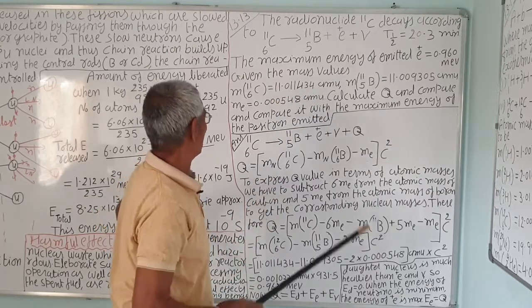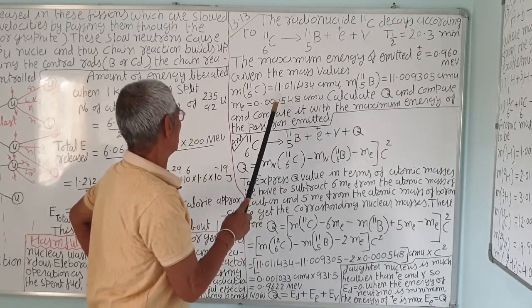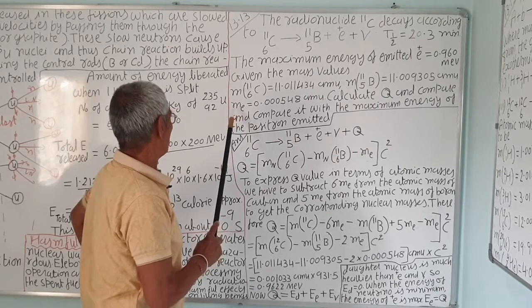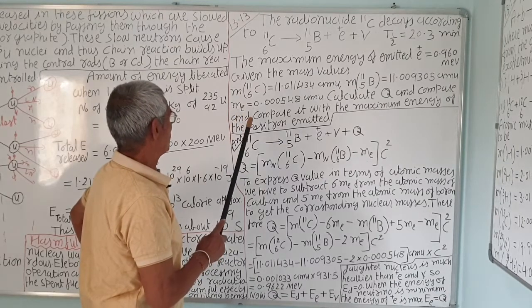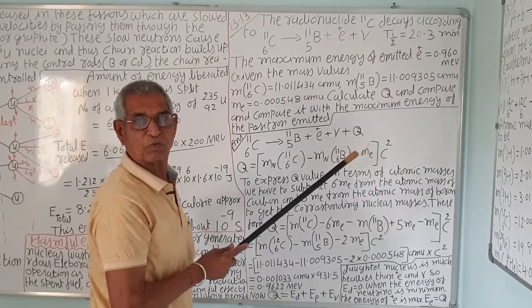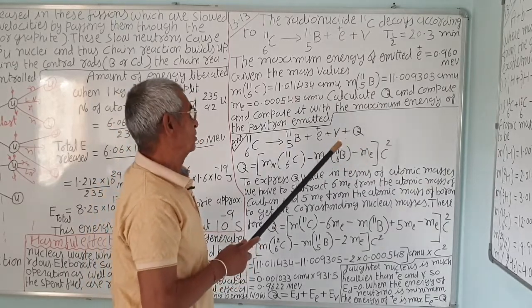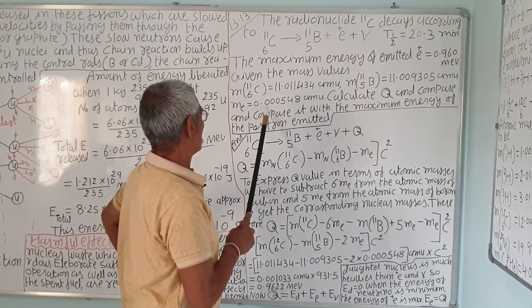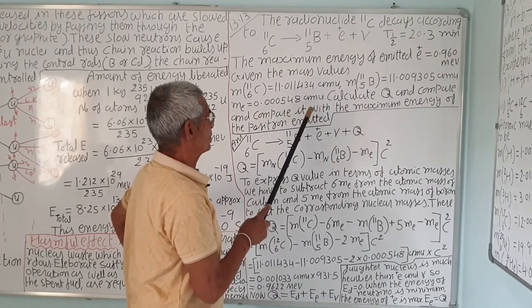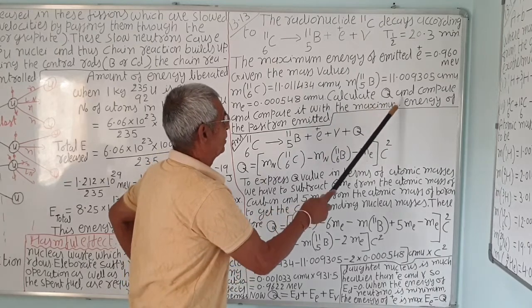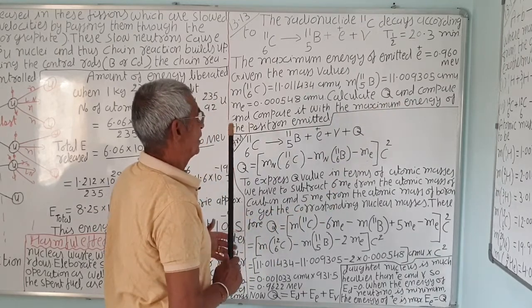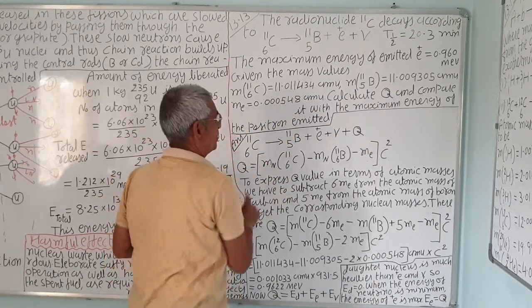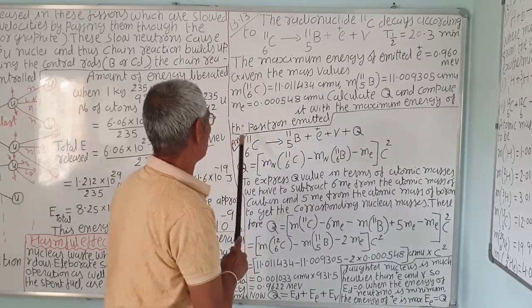The mass of the electron is equal to the mass of the positron. Only the charge is different. The masses are the same, equal to 0.000548 atomic mass unit. Calculate the Q and compare it with the maximum energy of the positron emitted.